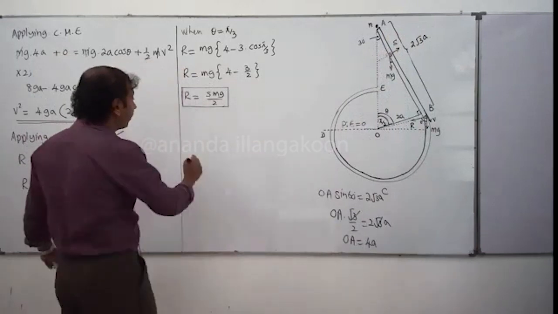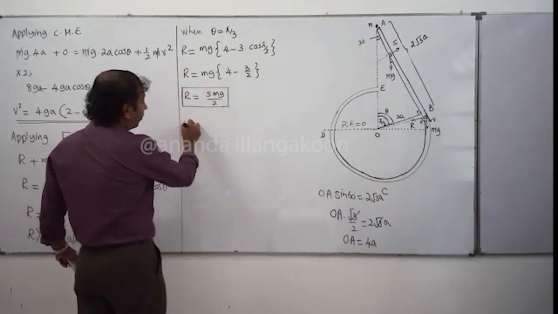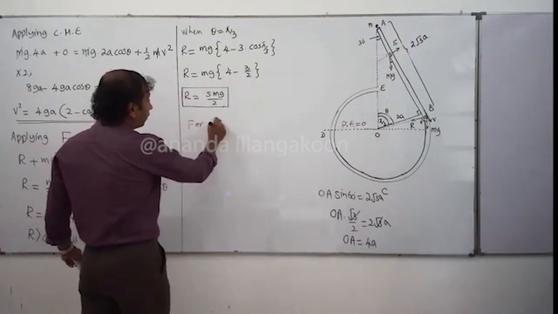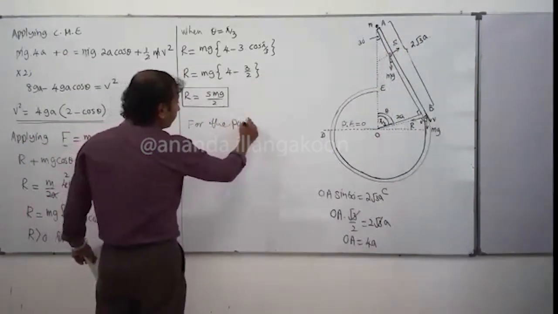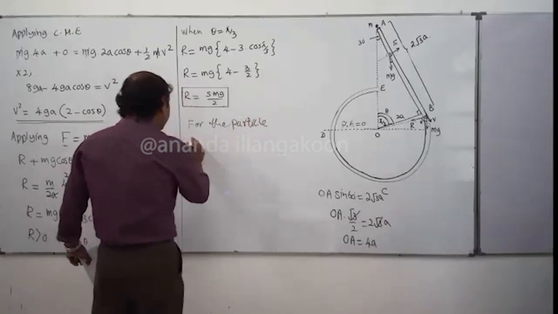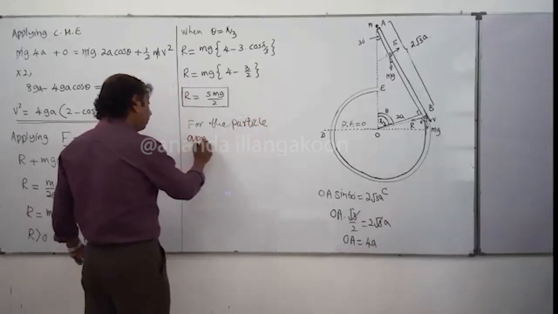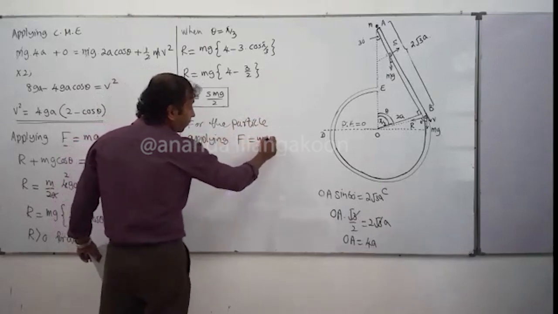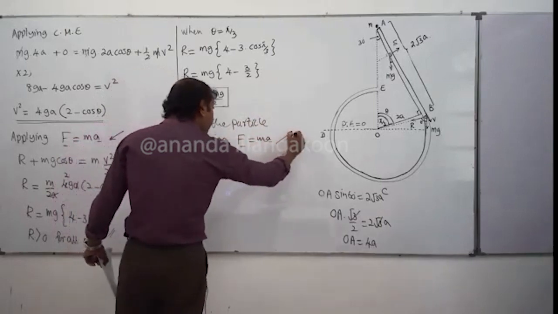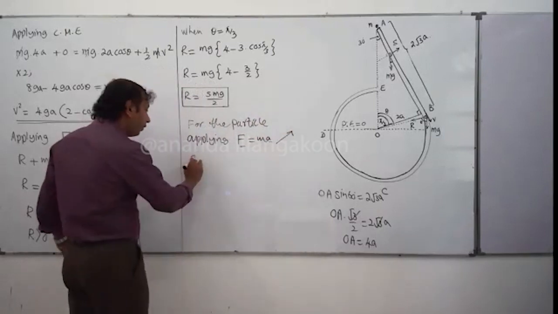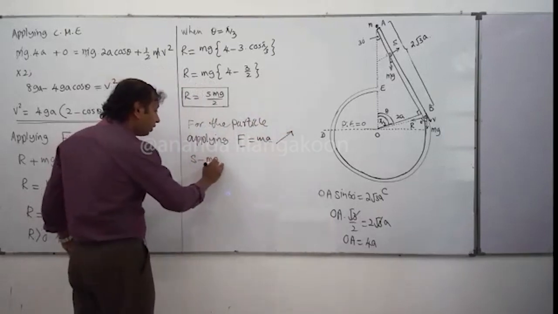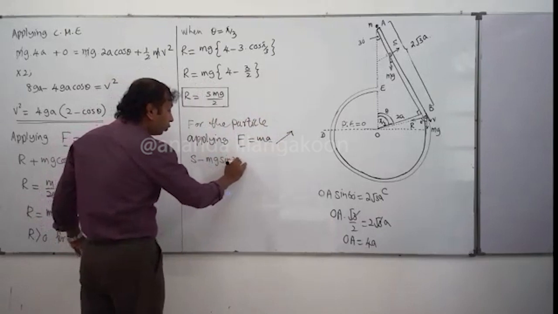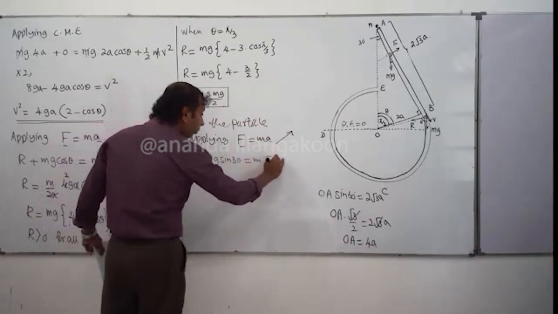Okay, for the particle, applying F equals ma along this direction, what do you get? S minus mg sin theta should be equal to m times 0. No acceleration along that direction.